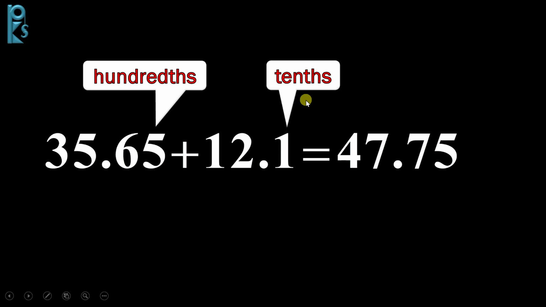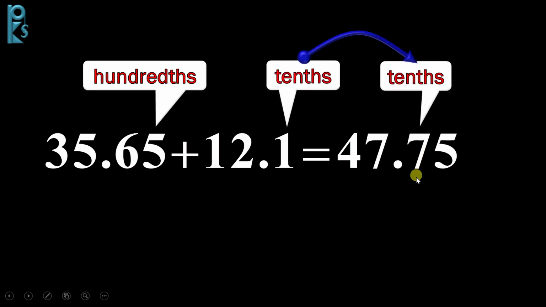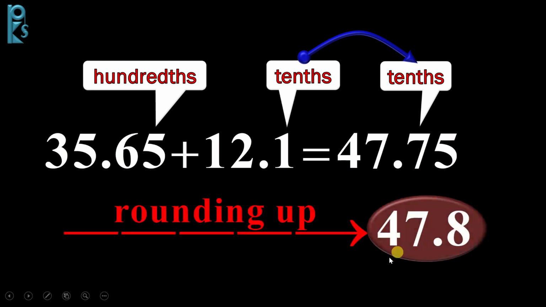Which one is less precise? Of course, tenths. So the last right digit in the answer must be in the number place of tenths. What should I do here? Again, I will apply the rounding rule. 5 and greater than 5 will be rounded up. So the answer will be 47.8.